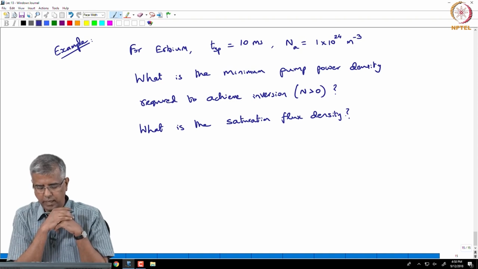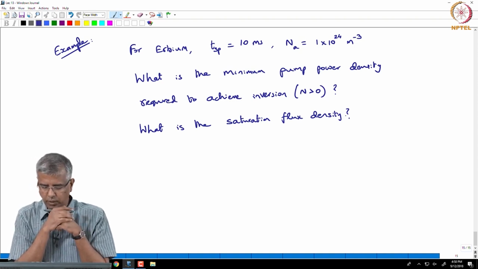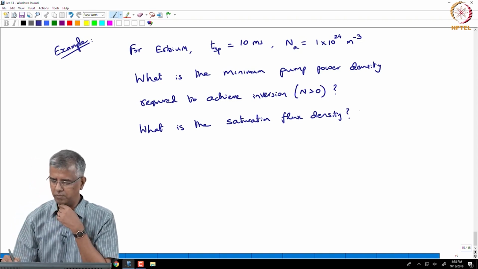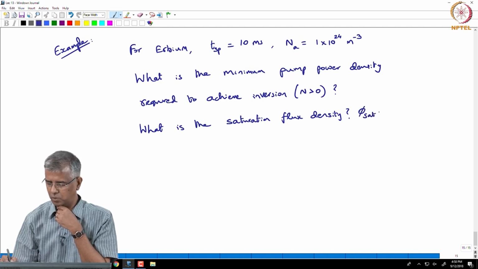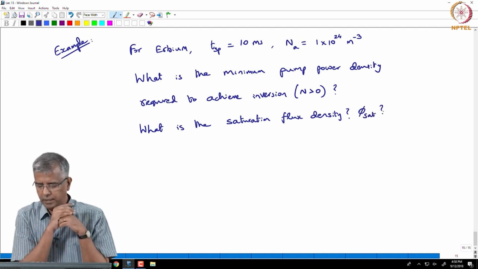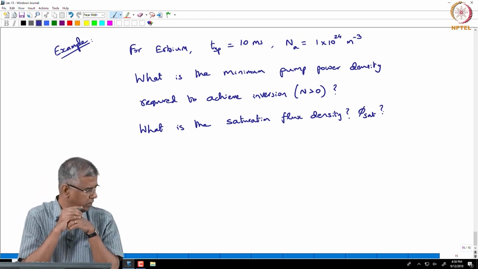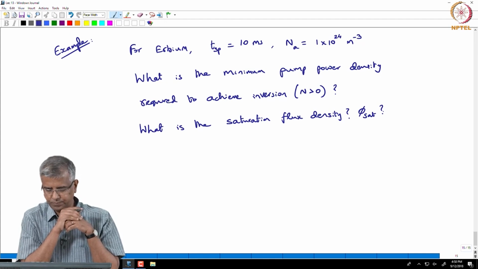Suppose you are asked to figure out these two quantities, the saturation flux density, which you would denote as phi sat. So, what is that value is what is asked.